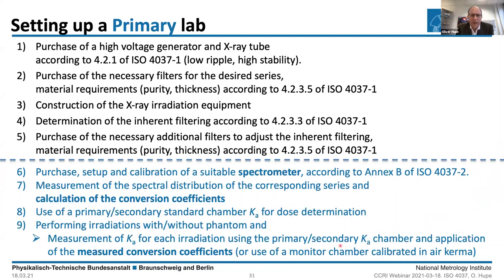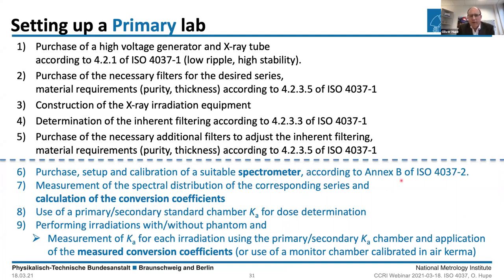If you're a primary lab, then you have to buy not an ionization chamber, you have to buy a spectrometer, because you want to achieve lower uncertainties. Therefore, you have to take a closer look at your spectra.